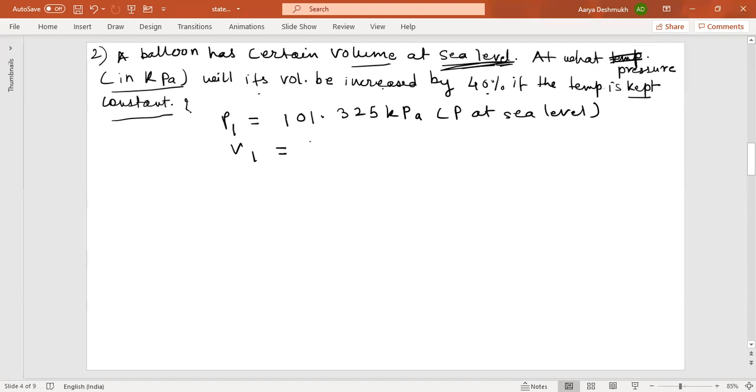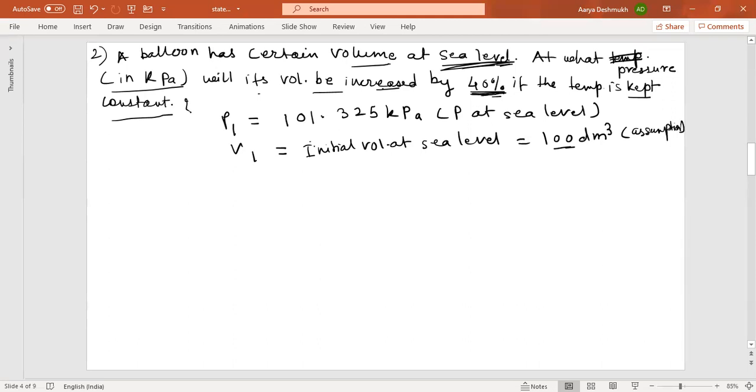It is increased by 40%, but no fixed value is given. It is only a hint that it is increased by 40%. So we can assume the initial volume at sea level, V1, is 100 dm cube, because we are talking in terms of percentage. This is an assumption.